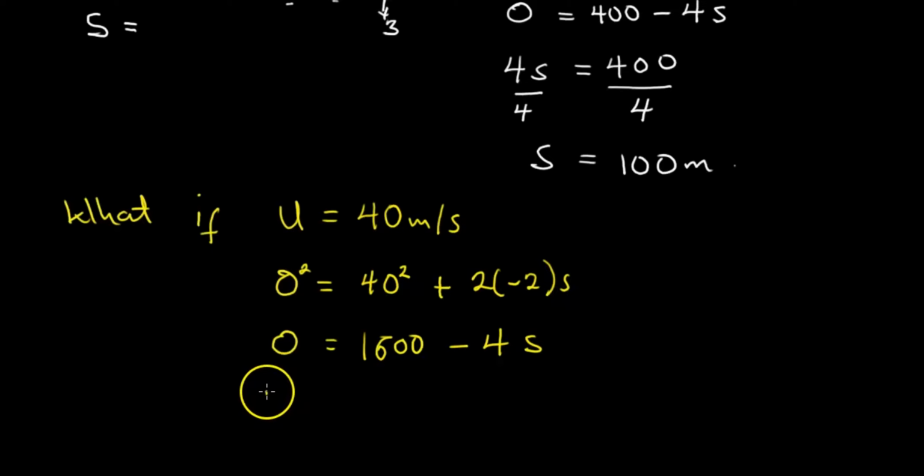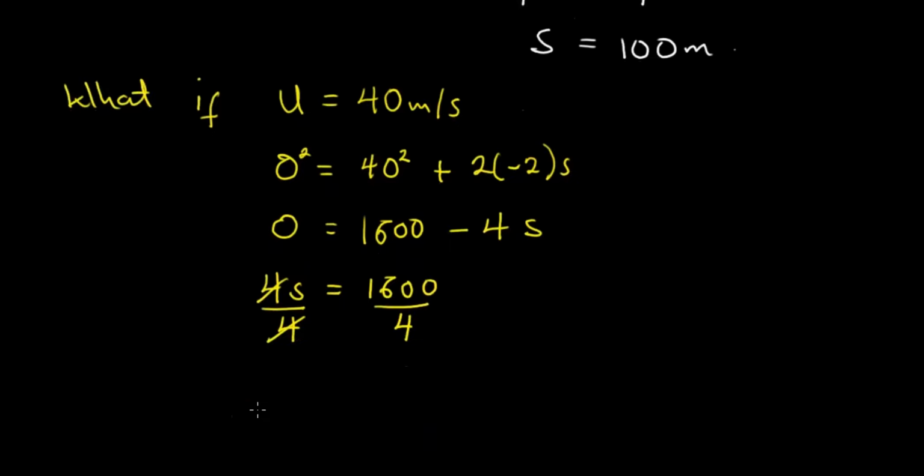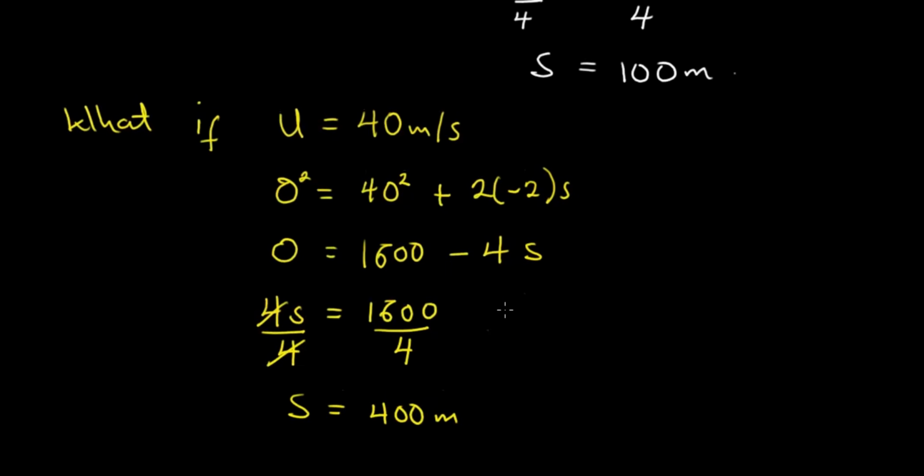So I group like terms. 4s equals 1600. I divide both sides by 4, so 4 will take care of 4, and I get s to be equal to 400 meters. So it means that if the car was originally traveling at 40 meters per second, it will only be able to stop at 400 meters.